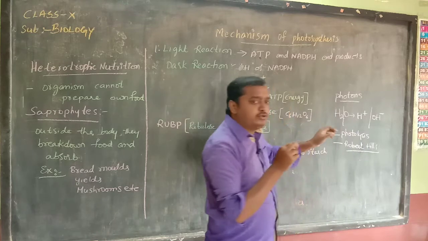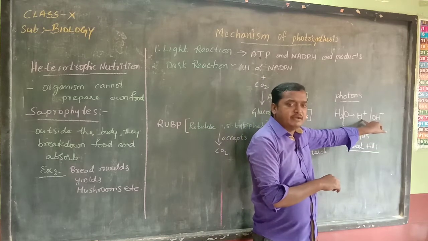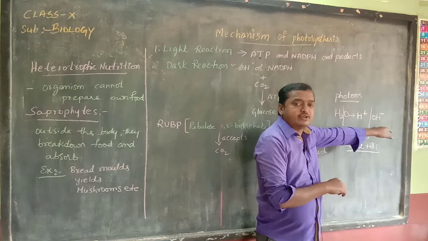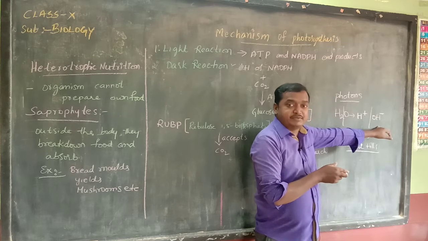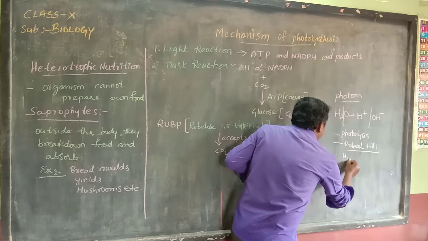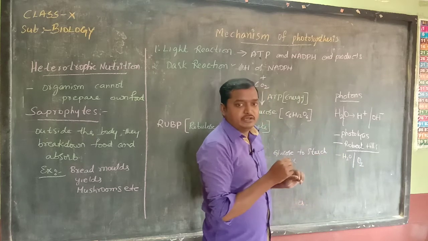So what are the two ions majorly formed in the light reaction? H plus and OH minus. These OH minus ions undergo several steps and form what? Water and oxygen.